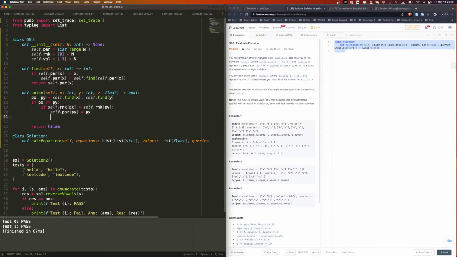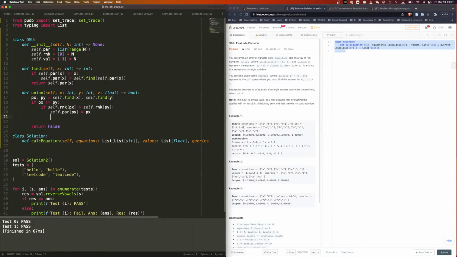We only need to assign if x and y both are not decided. If both are not decided, then their rank, which means they have not been encountered before. That makes sense, right? Otherwise, we can just assign their values.